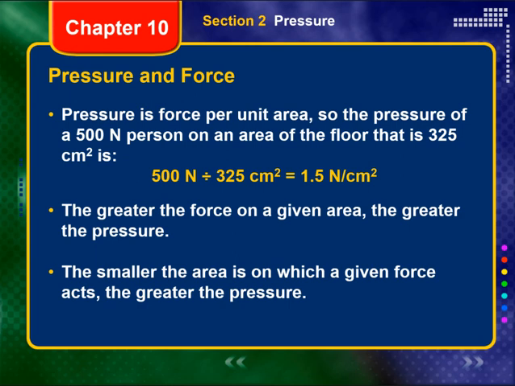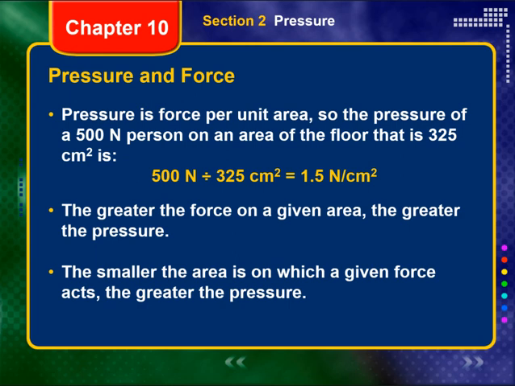So pressure, again, is a force per unit area. Consider the pressure of a 500 Newton person, that 51 kilogram person standing on Earth's surface, with all of that mass being accelerated down at a rate of 9.8 meters per second squared. That 500 Newton person is standing on an area of floor that is 325 square centimeters, so we can calculate the pressure that person is exerting on the floor.